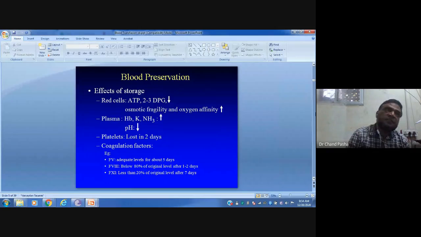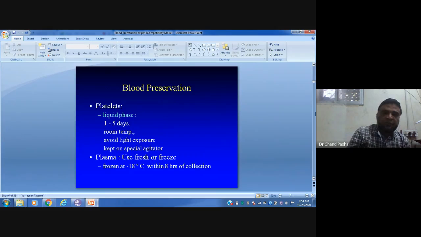This is one problem. If a person is frequently getting transfused blood, then hyperkalemia, that is, increased potassium levels, is caused. And pH gets reduced, and platelets are generally lost within 2 days. So if you require platelets, they should be done freshly, and the coagulation factors also get reduced.